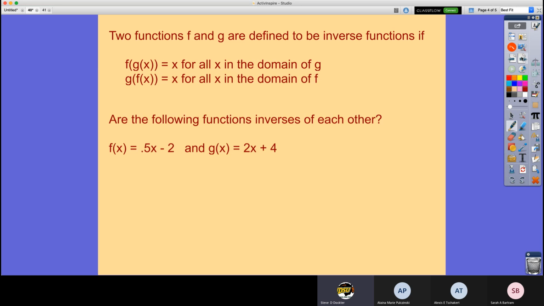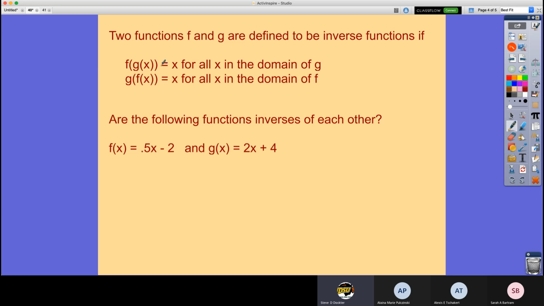All right, so down below, we've got 2 functions there. f of x equals 0.5x minus 2, and g of x equals 2x plus 4. Now what this says up above is you can figure out if the 2 functions are inverses if we put the g of x function into the f function and what comes out is an x.